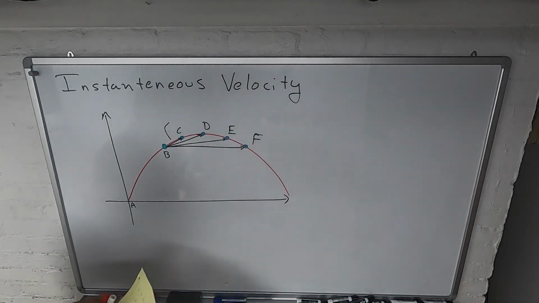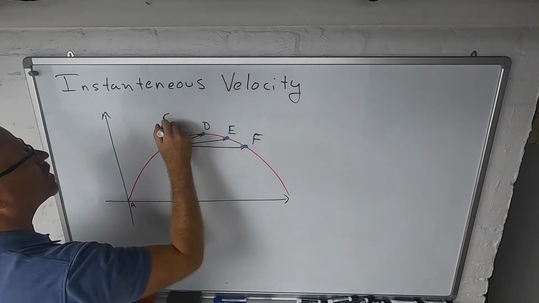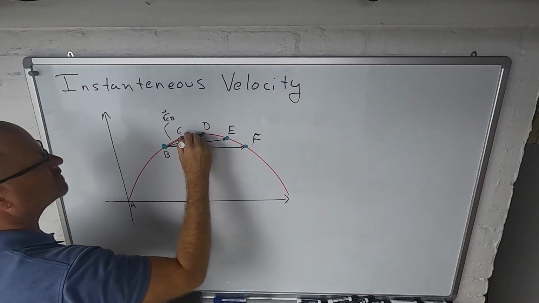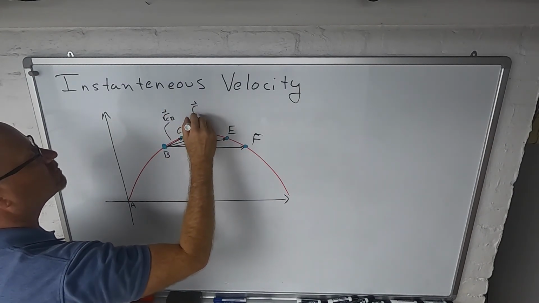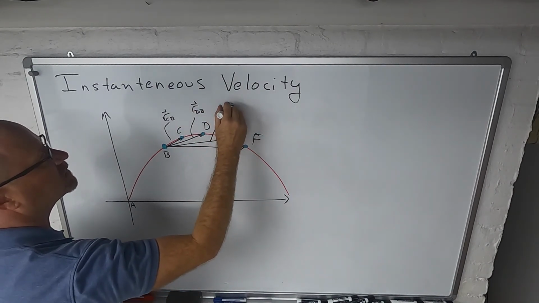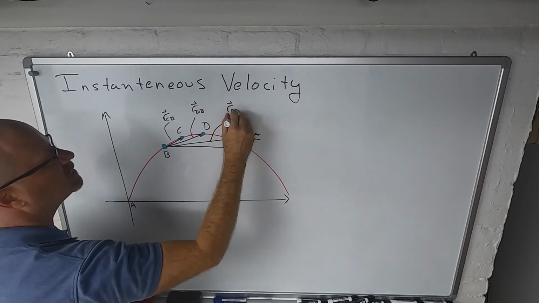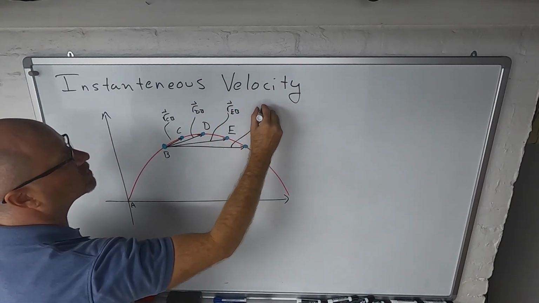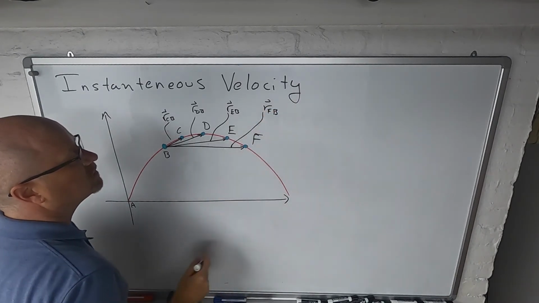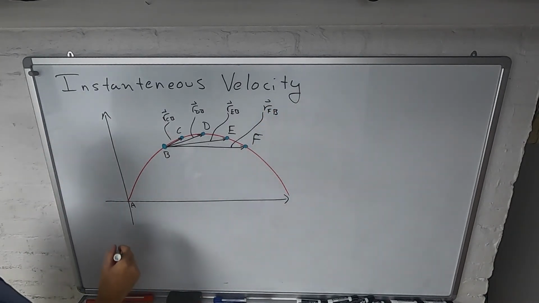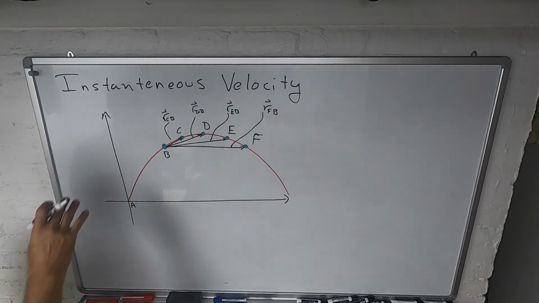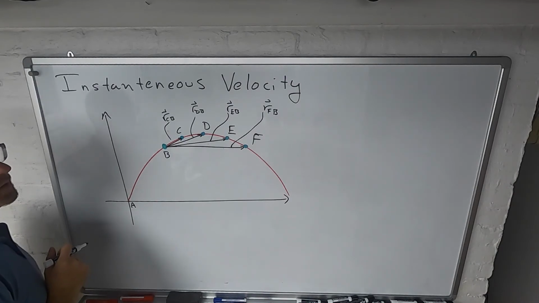And so those vector values are R from C to B. This one is defined as R from D to B. And this one's defined as R from E to B. And of course, this one is defined as R from F to B. Okay. And so those are going to be the relative position vectors that we can work out from this construction.